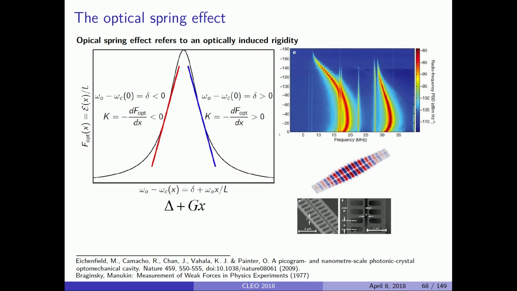And there are even examples where mirrors placed on pendula that have a natural frequency of a few hertz are spring shifted to hundreds of kilohertz just by using the laser field. So you can have very, very strong optically induced rigidities. And those occur whenever you detune your laser, either on the right or left of the Lorentzian. That's where the change in intracavity photon number with respect to the motion is the largest.